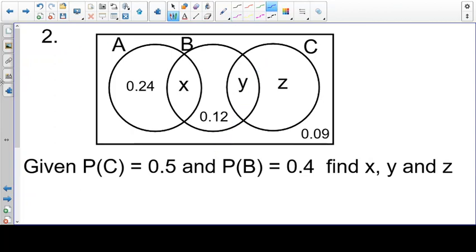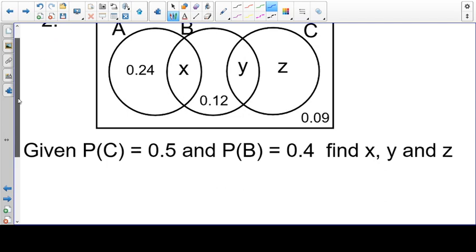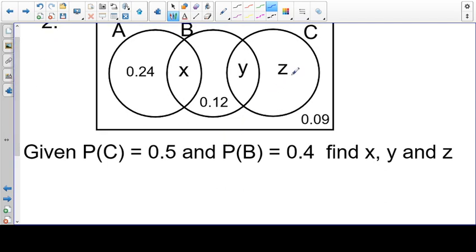Okay, so this is what you should have done. Probability of C is 0.5. So if this is 0.5, then the first equation we can write down is y plus z equals 0.5. That's equation 1. We're told the probability of B is 0.4.